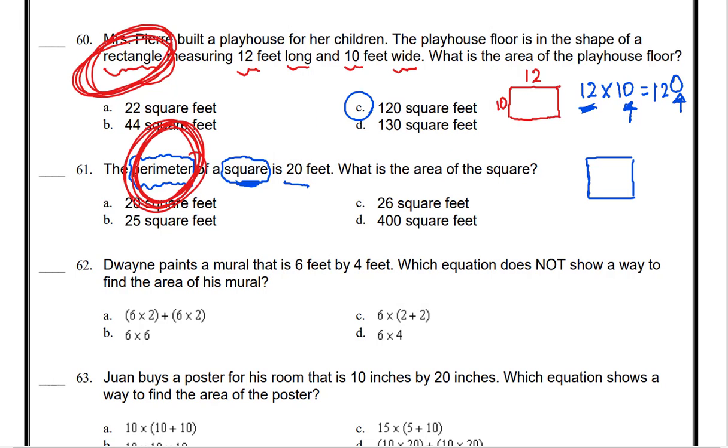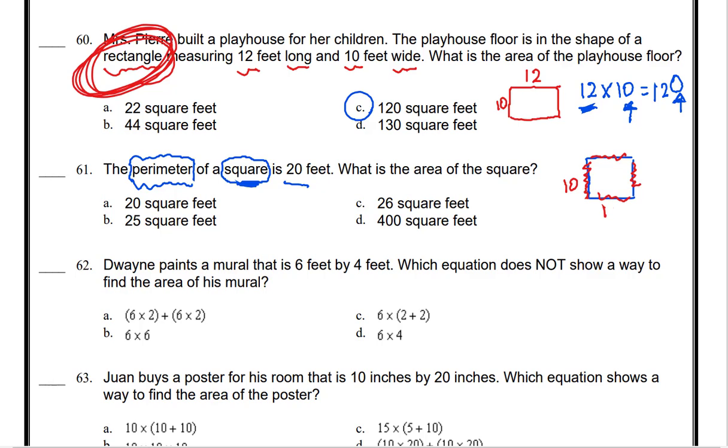The perimeter for this square is the length of the outer line, this line. So if the length of this line is 10, then this is also 10, 10, 10.